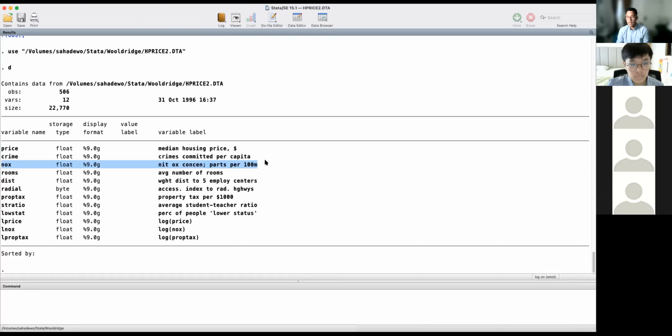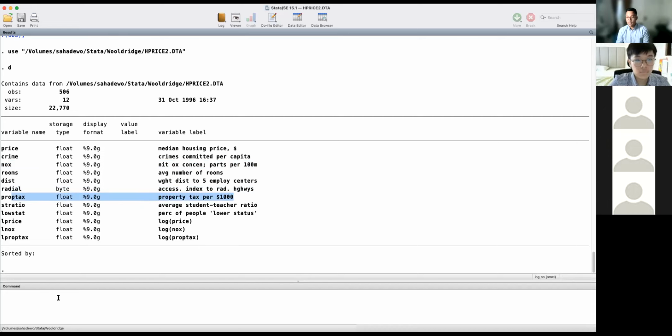The higher the nitrogen oxide in the air, the higher the pollution. We also have other variables such as the number of rooms, the weighted distance to the 5 employment centers, access to radial highways, and property tax per $1,000 of house price.